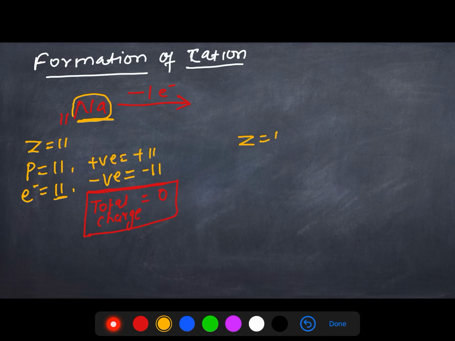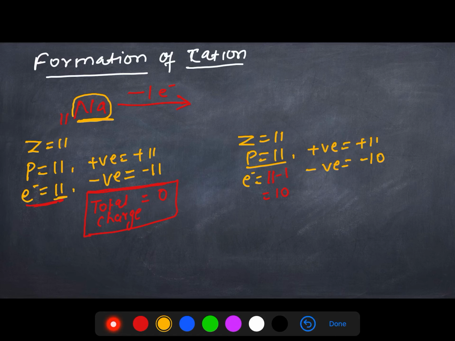Fine. What happens to the sodium if it loses one electron? Let's do the calculations very quickly. The atomic number remains the same, we know that, right? We cannot interfere with the number of protons. So the number of protons remains the same. We still have 11 protons, and because of 11 protons, the total positive charge should be plus 11, right? What happened to the number of electrons? Initially, we had 11 electrons and it lost 1 electron. So 11 minus 1 equals 10 electrons now.